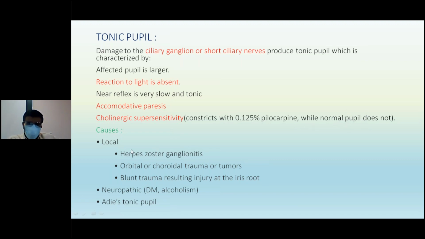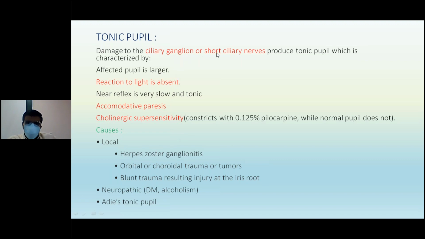Causes include herpes zoster ganglionitis, orbital and choroidal trauma or tumors, blunt trauma resulting in injury to the iris root, neuropathy, diabetes mellitus, and alcoholism. These are the causes of tonic pupil.